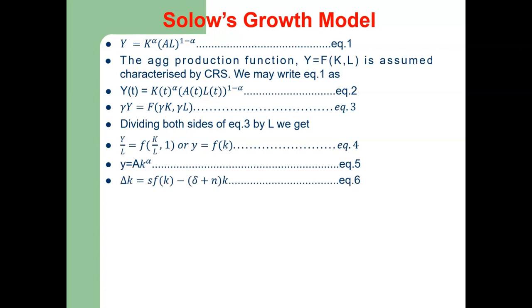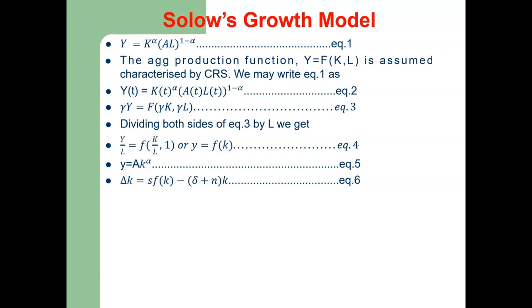And we may write this equation as the change in capital per worker is a function of s f(k) minus (δ + n)k. Versions of the Solow equation are also valid for other growth models. For simplicity, we are assuming for now that A remains constant.